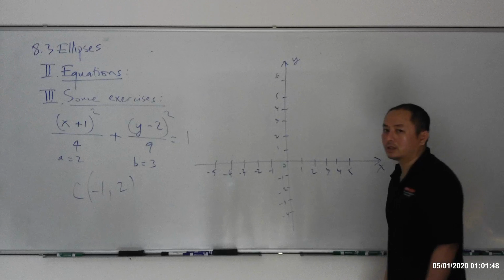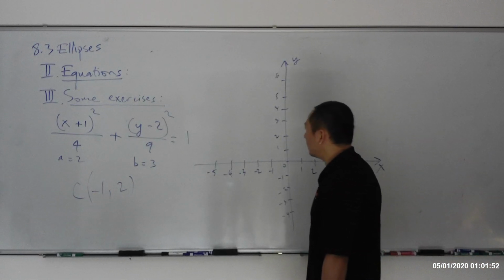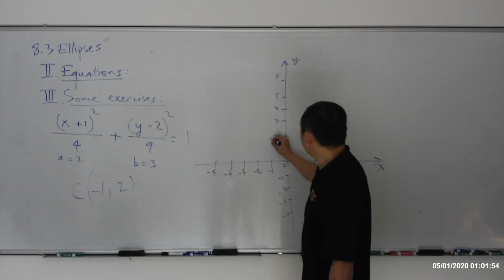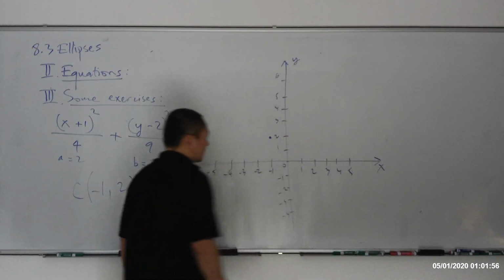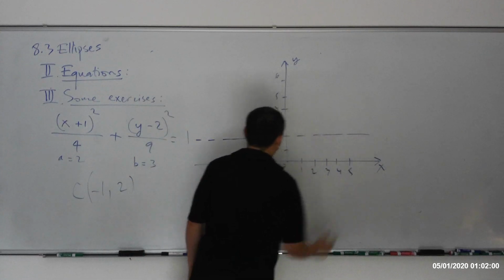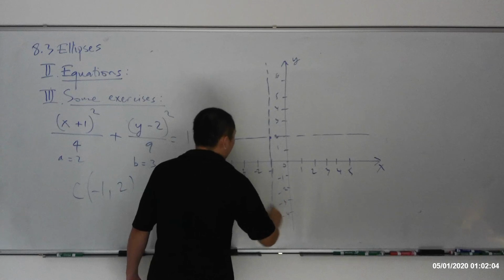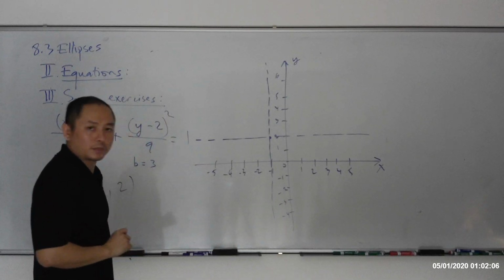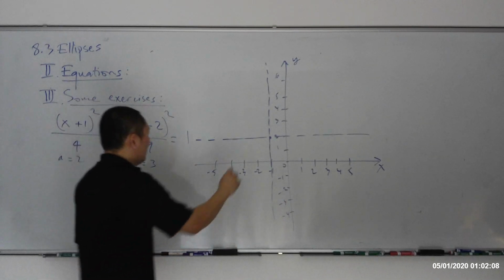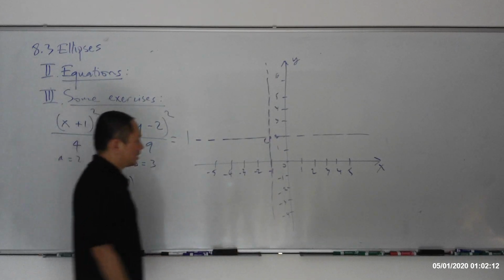Okay, first of all, we start with the center. The center is at -1, 2. -1, 2 is right here. x is -1, y is 2. So this is my horizontal axis, and this is going to be my vertical axis for the ellipse. And now from the center, I'm going to go left and right 2 units.